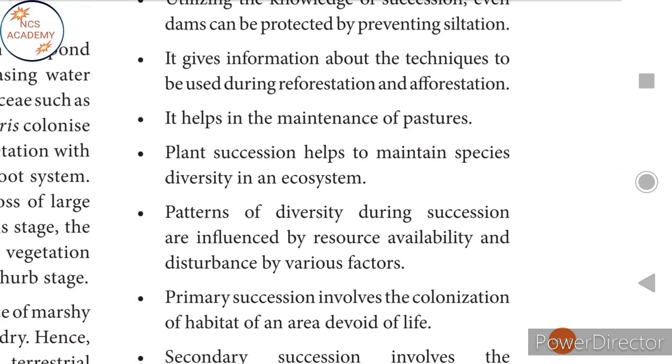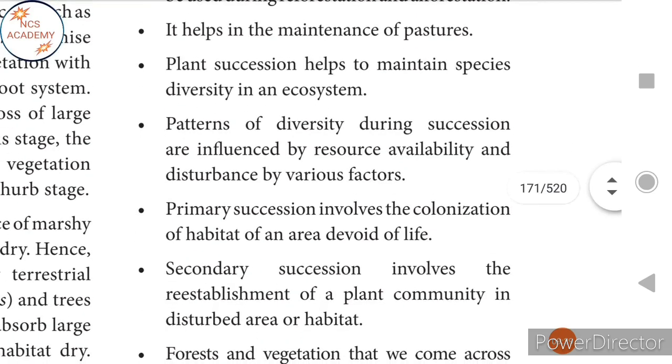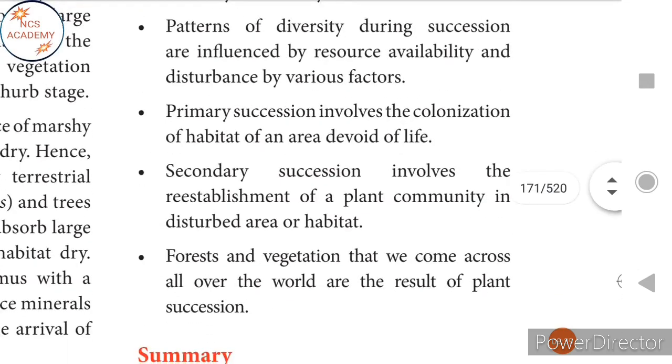Patterns of diversity during succession are influenced by resource availability and disturbance by various factors. Primary succession is involved in the colonization of habitats of an area devoid of life. Secondary succession is involved in the re-establishment of a plant community in a disturbed area or habitat.